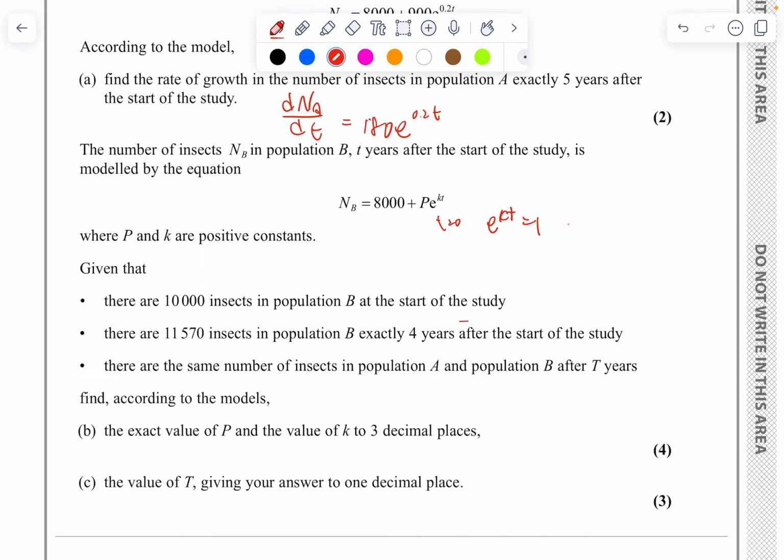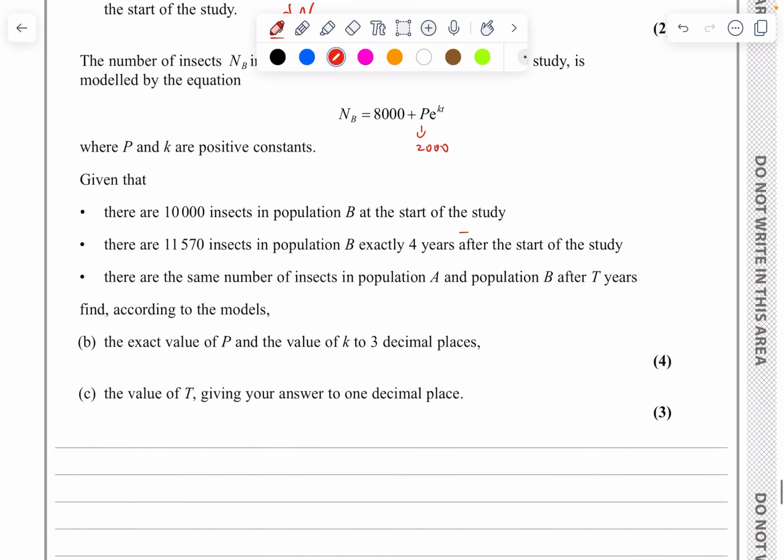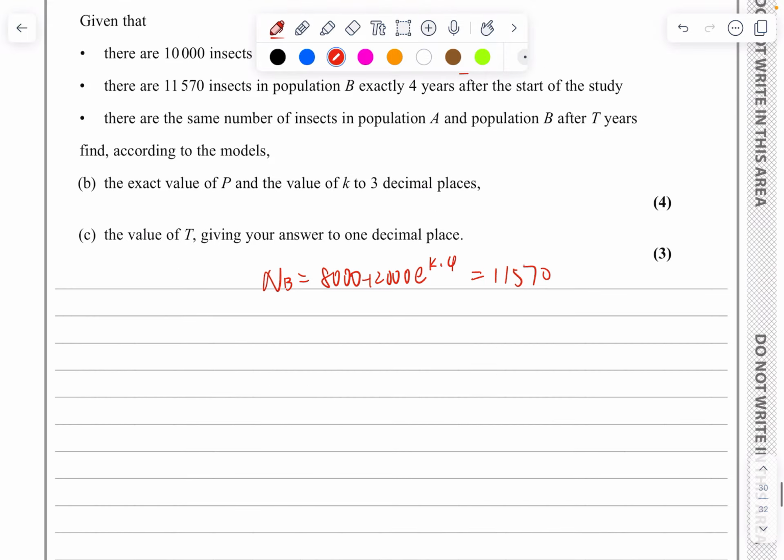That means p is 2,000, because 8,000 plus p equals 10,000, so p is 2,000. And then there are 11,507. So N_B equals 8000 plus 2000 e^(k times 4) equals 11570.